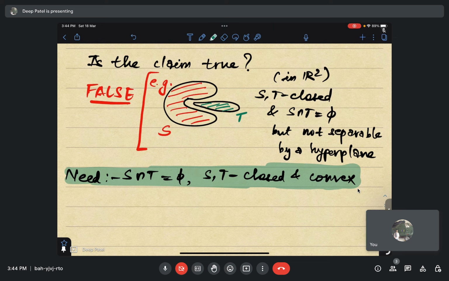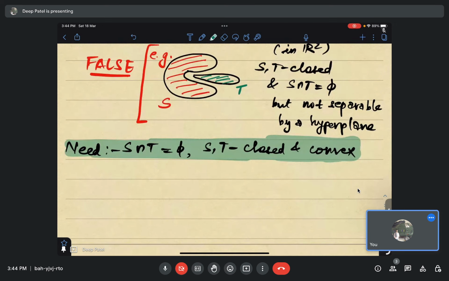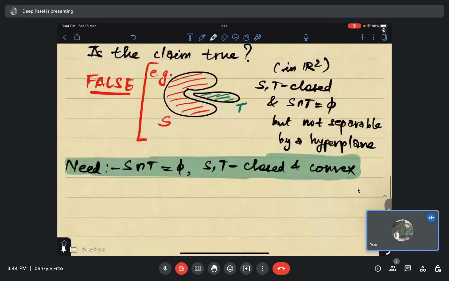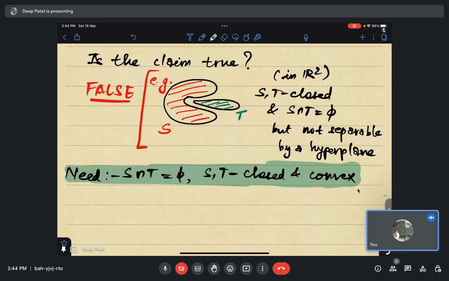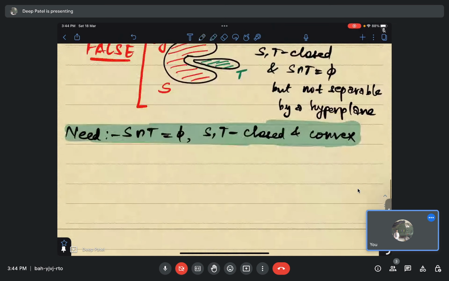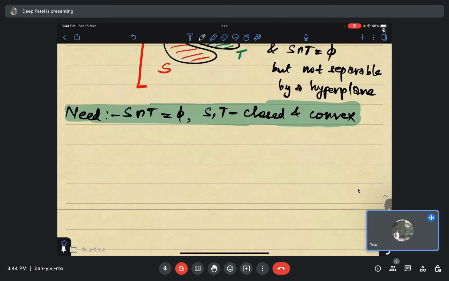Apart from Rn, any manifold, say. In that case maybe instead of hyperplane you'll have to say something else, right? So just to say one point, even other than separating hyperplanes.